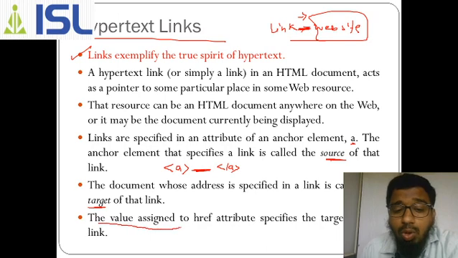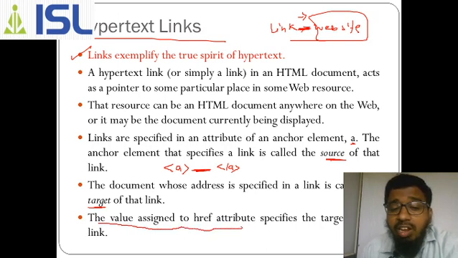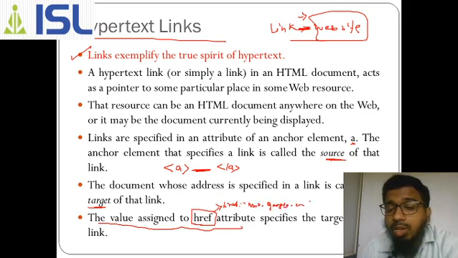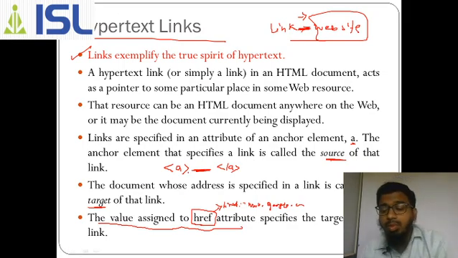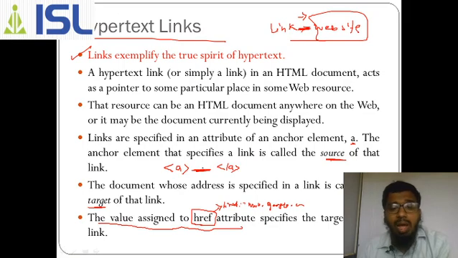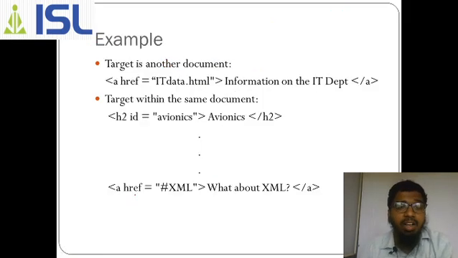The value assigned to the href attribute specifies the target of the link. In this we are going to write href, then we will write www.google.com. Clear? Like this. I will show you when we do the practical.